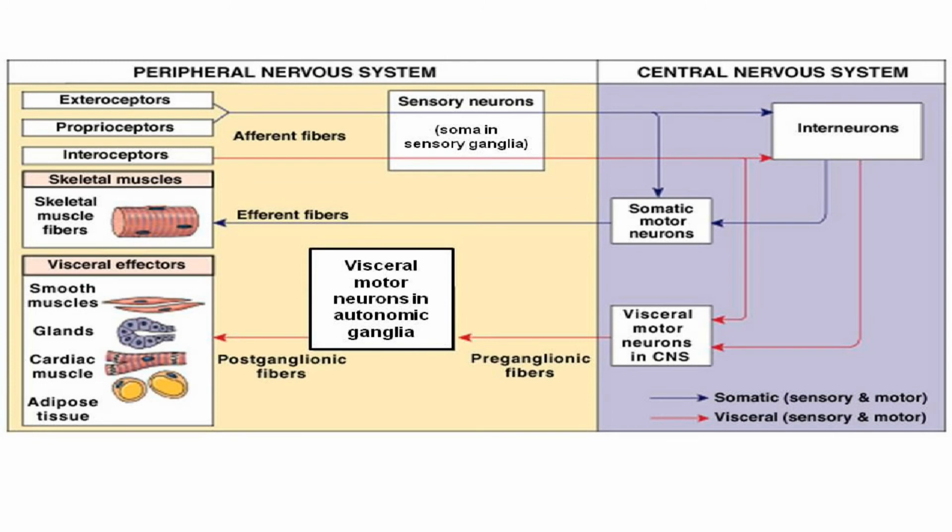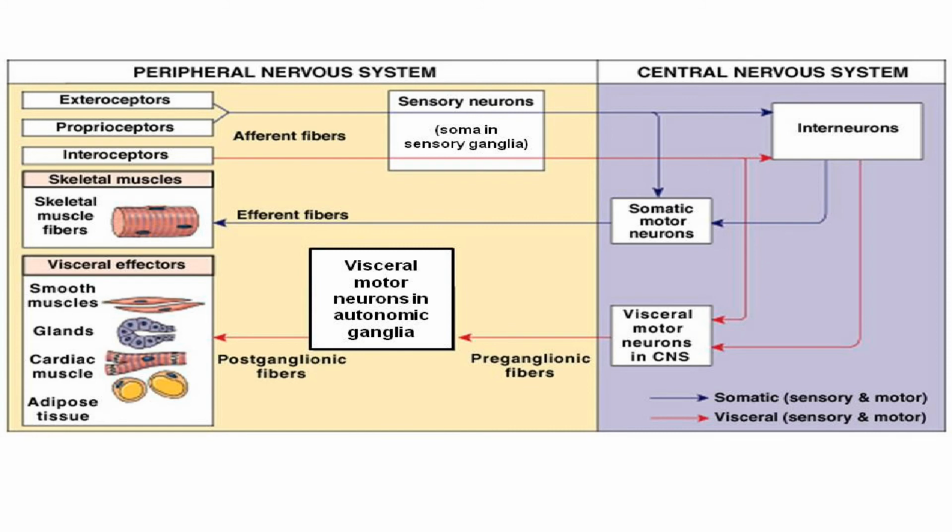But the exteroceptors and the proprioceptors send in sensory information via sensory neurons into the central nervous system, the brain or spinal cord. The interneurons process it, and they send out motor information to your skeletal muscle fibers via your somatic motor neurons. Okay? That's the part of our nervous system we're aware of. The part that we're not aware of, the interoceptors come in.